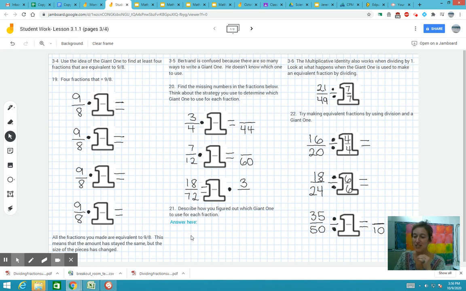And here I want you to describe this information, but I'm also going to have you create a Flipgrid video explaining to me your understanding to date, right now, of the multiplicative identity, or better yet, the giant 1. So what you can do is compose what you want to say here, and then when you go over to the Flipgrid, you could read it. As long as I am hearing your understanding, that's what I'm looking for.